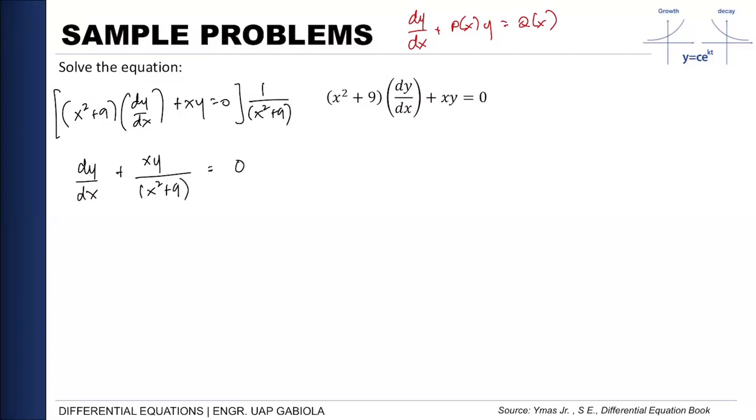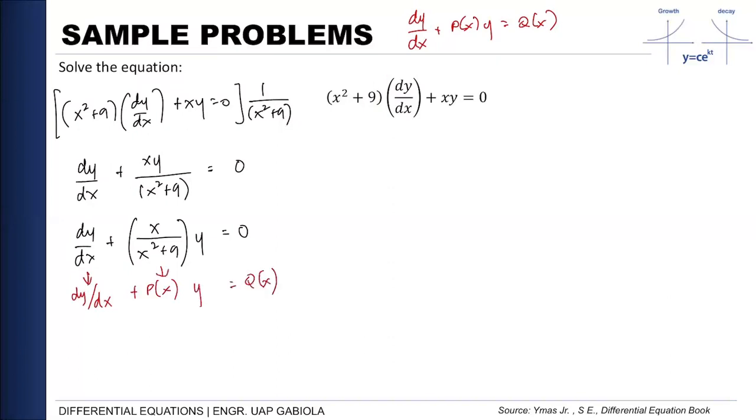Okay? So, this is dy over dx plus x over x squared plus 9 y is equals to 0. So, ito na yung dy dx natin. Ito na yung plus p of x natin. And then this is our y. And then ito yung q of x natin, which is equals to 0.